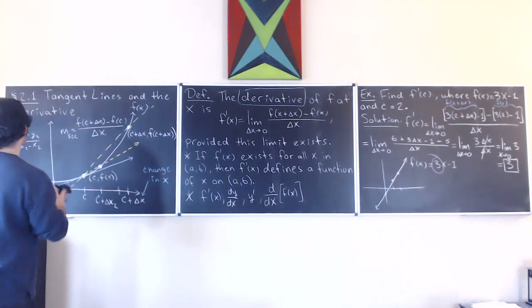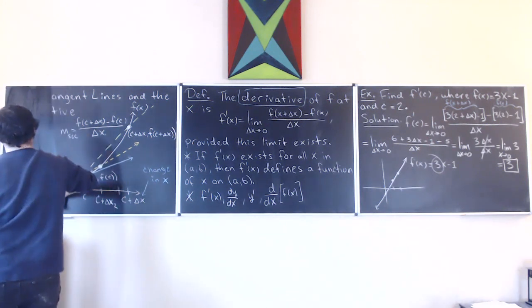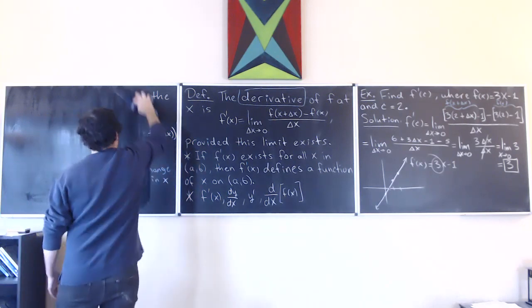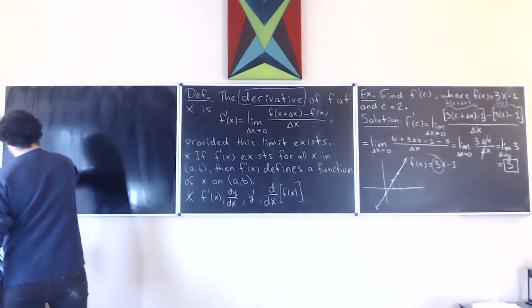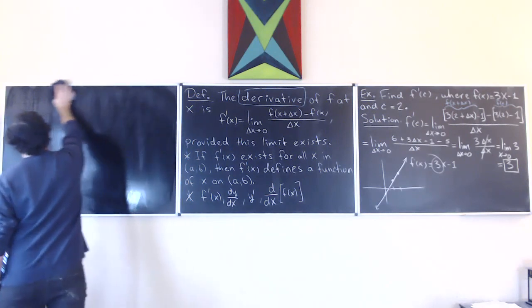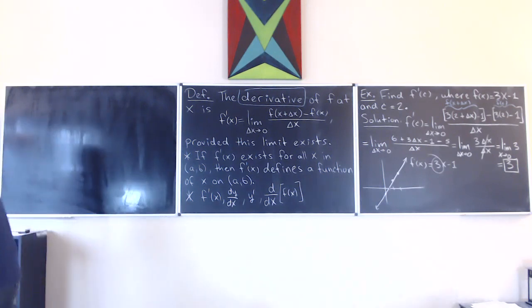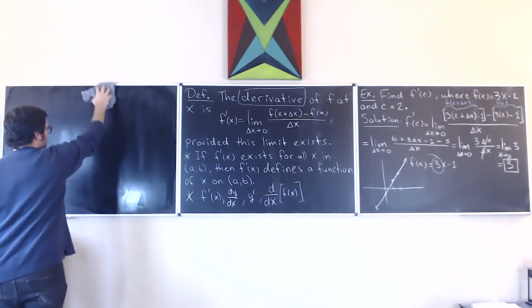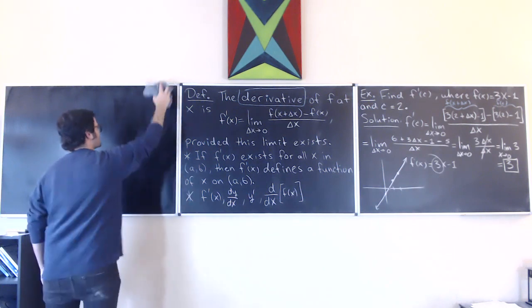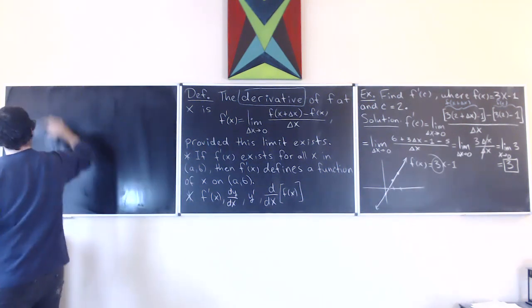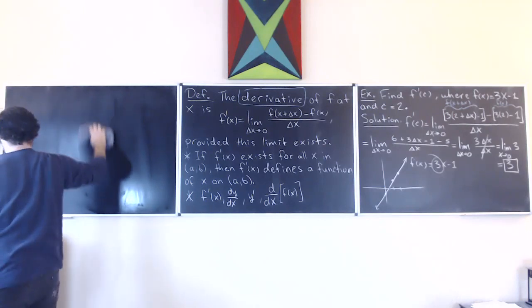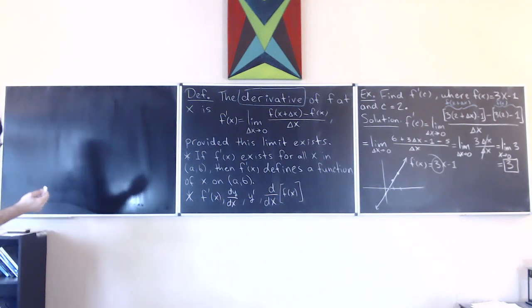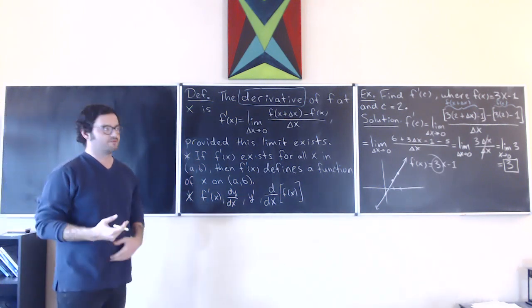Let's look at some more examples. Suppose we want to find the derivative as a function instead of just evaluating it at a point.